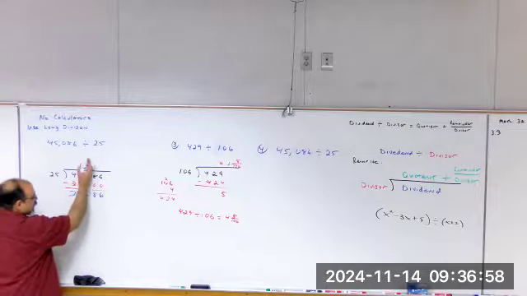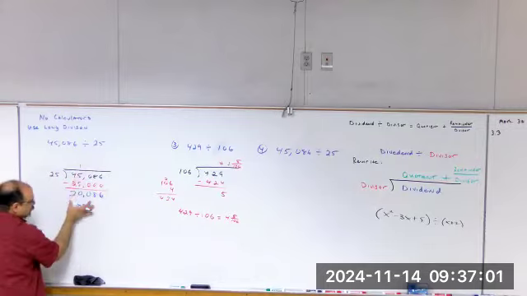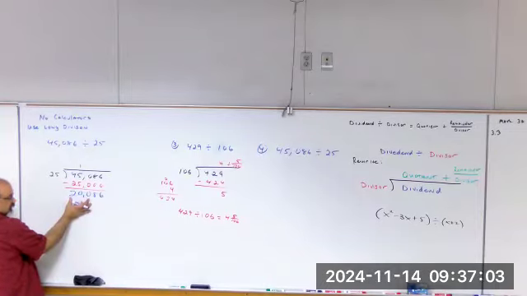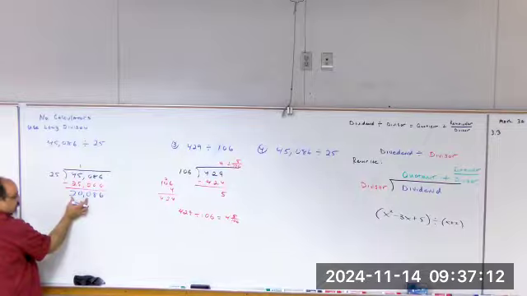So we slide over to the hundreds place. So from the hundreds point of view, this is 200. How many times can 25 go into 200? 8 times. Good.